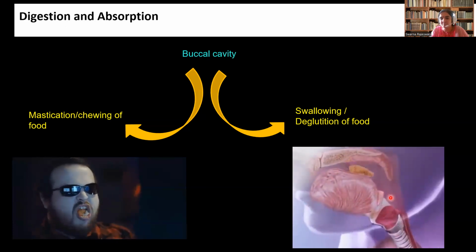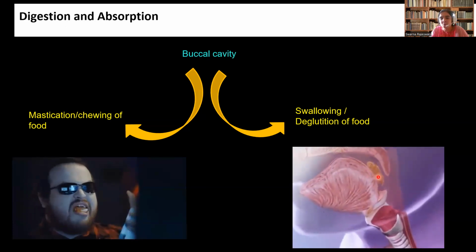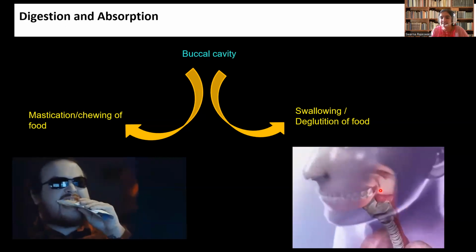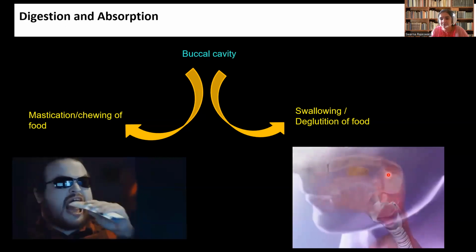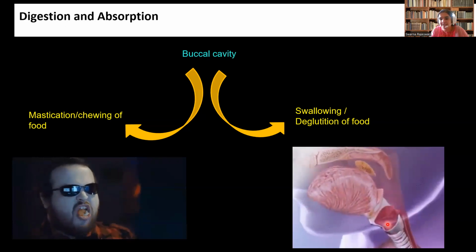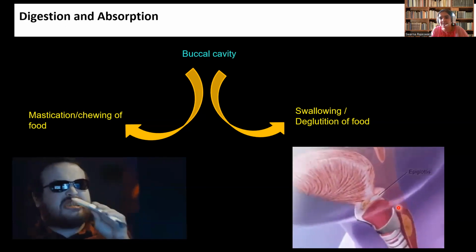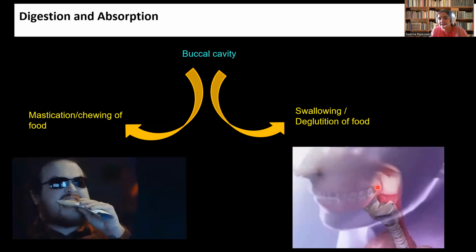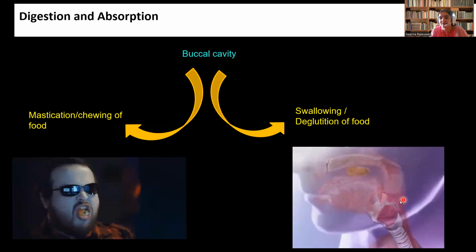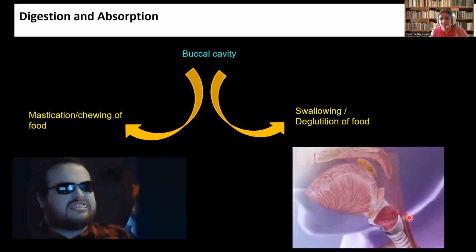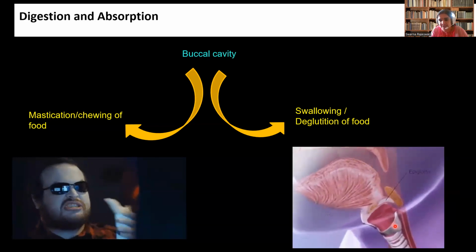Why does it do so? The pharynx is a common opening for the trachea and esophagus. There is a chance of the food from the buccal cavity entering the trachea, so the epiglottis immediately closes the larynx in such a way that the food enters the esophagus without entering the trachea.